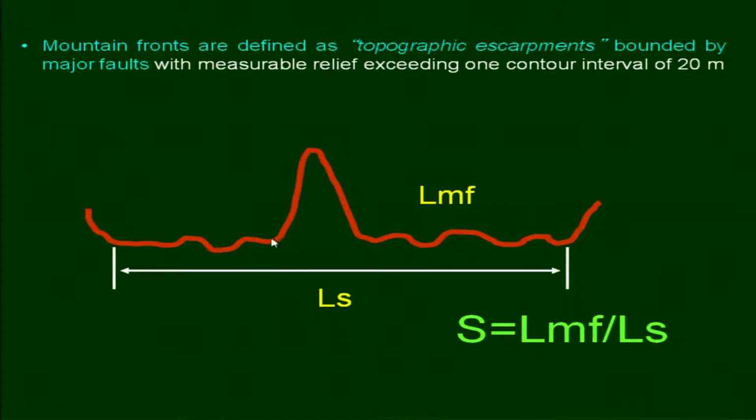So, these values can be extracted from topographic maps, but now with high resolution satellite data, one can easily extract such mountain fronts by digitizing the features on the satellite data itself, and one can calculate using GIS and all that.